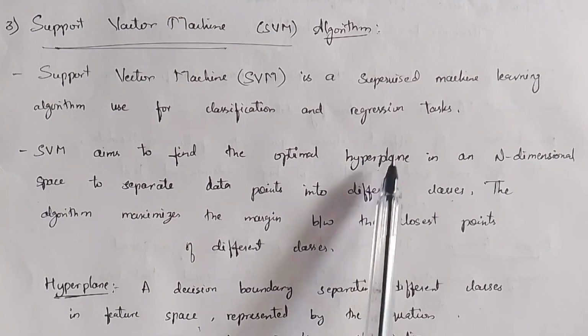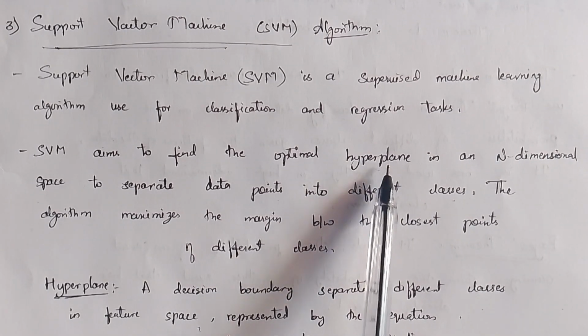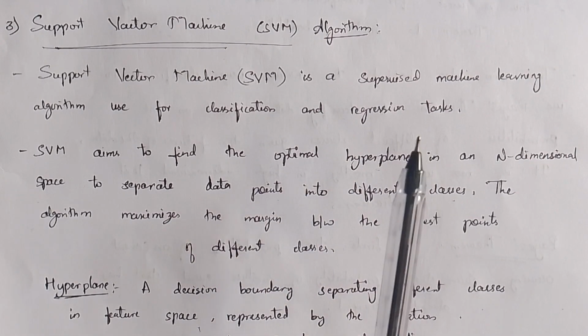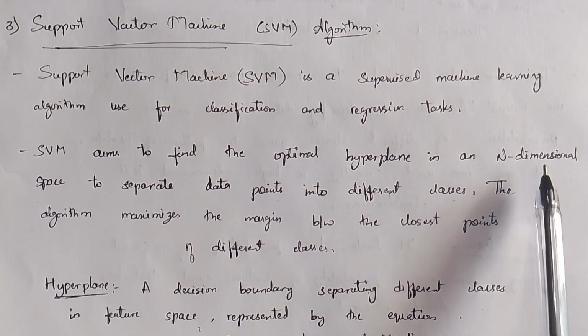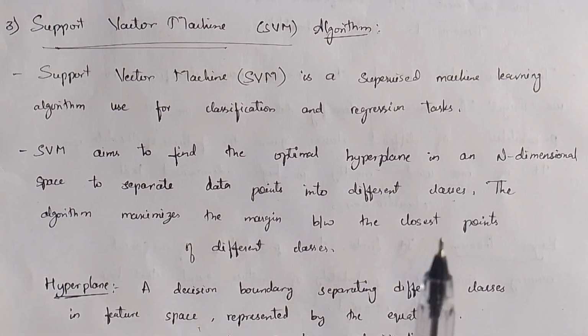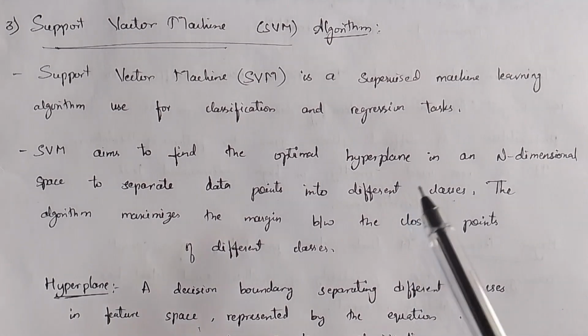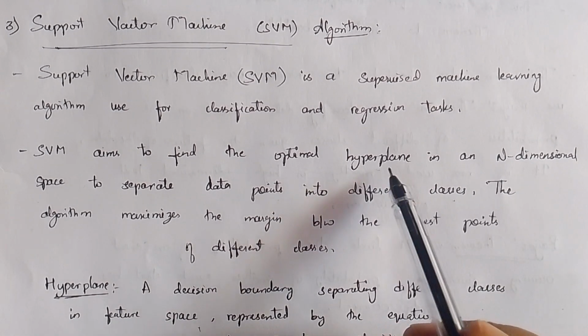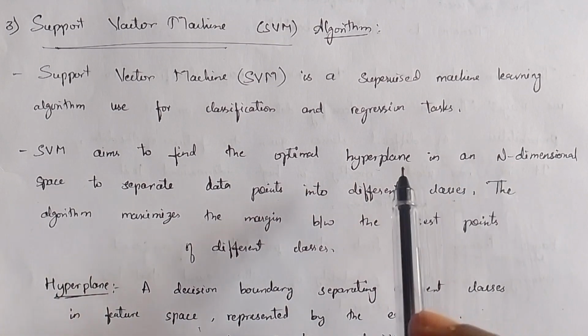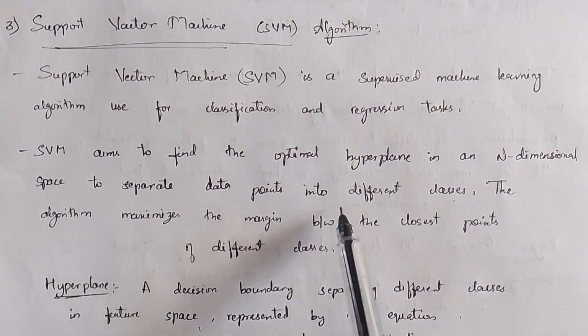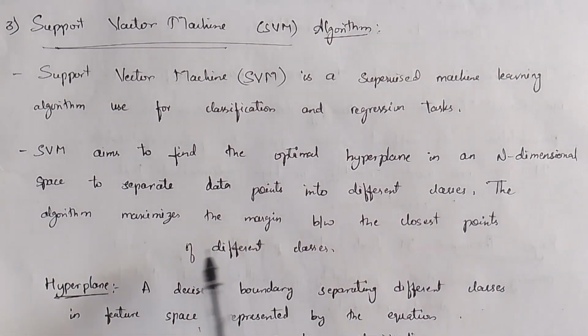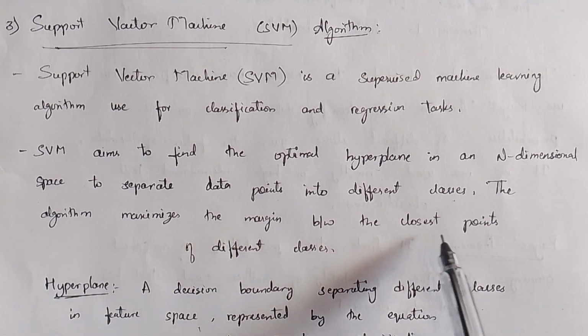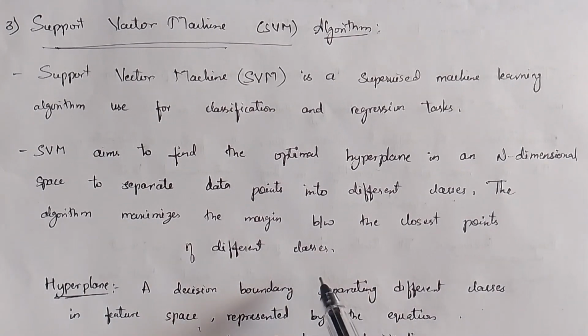What is this hyperplane? The hyperplane is the decision boundary which separates two classes in an n-dimensional space. The algorithm maximizes the margin between the closest points of different classes.